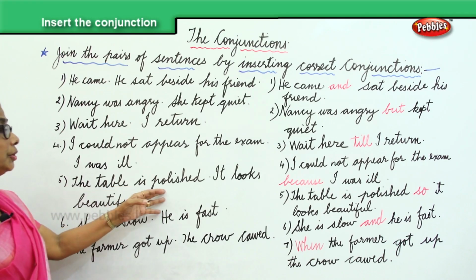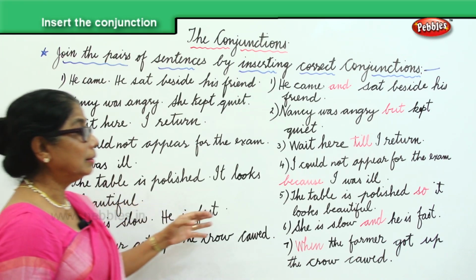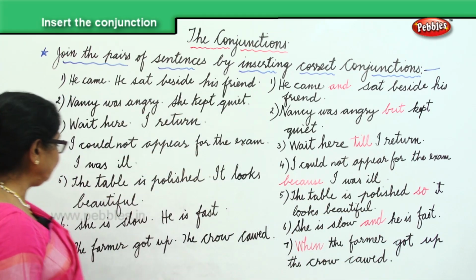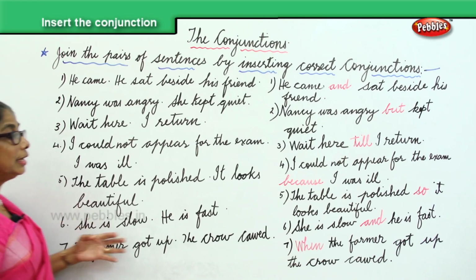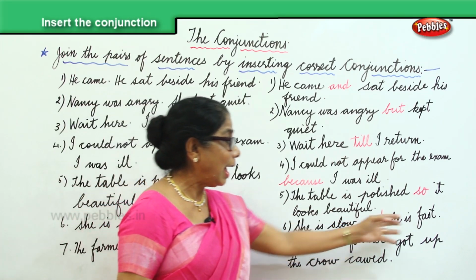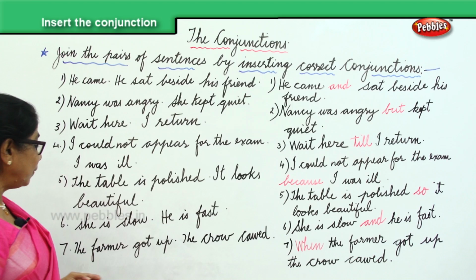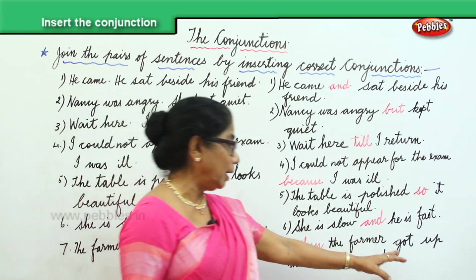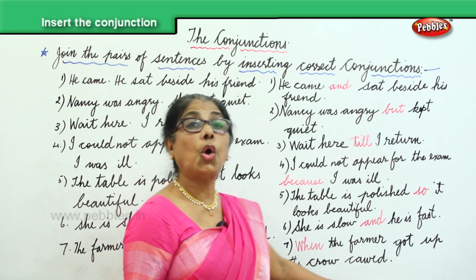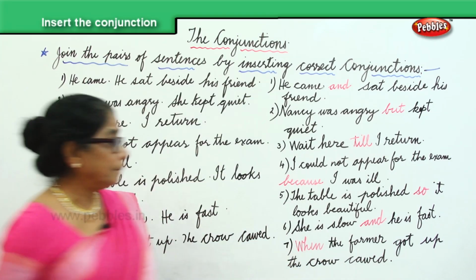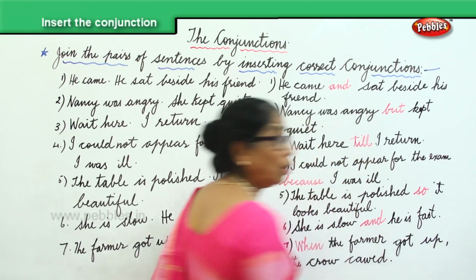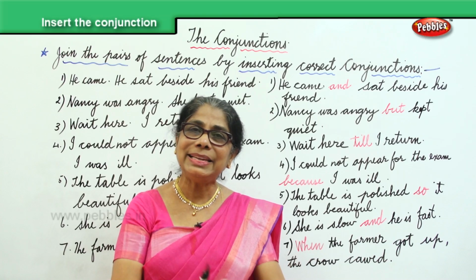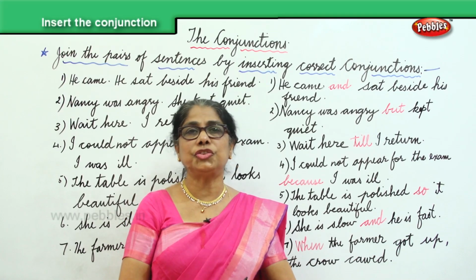The table is polished. It looks beautiful. The table is polished, so it looks beautiful. She is slow. He is fast. She is slow and he is fast. The farmer got up. The crow cawed. When the farmer got up, the crow cawed. So we learned to join the 2 sentences by inserting the correct conjunctions.